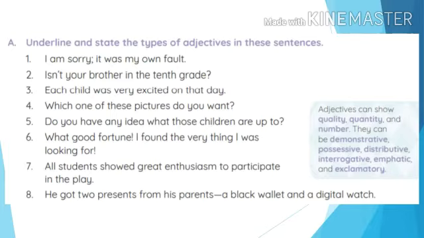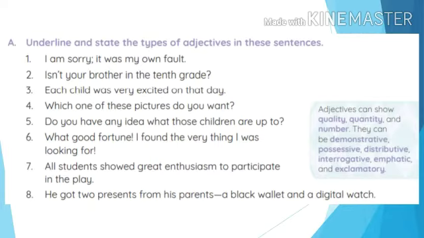The first one: I am sorry, it was my own fault. So the first sentence, what we can see is there are two adjectives in this particular sentence. First one is sorry and second one is own.